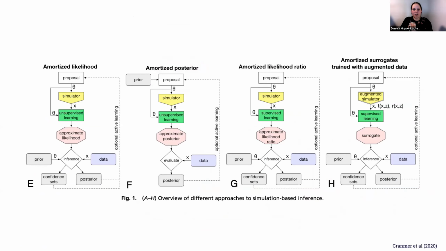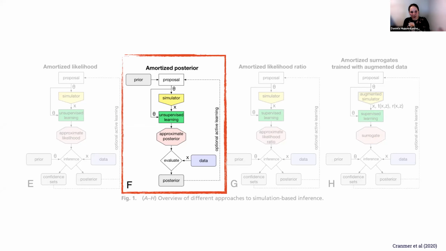And here are different architectures for how you might do this. You can put your neural network that is trying to approximate some of these expensive processes in different places. You can learn an emulator for the actual simulation process, but you can also learn a neural network emulator for the likelihood, the likelihood ratio, or the posterior.